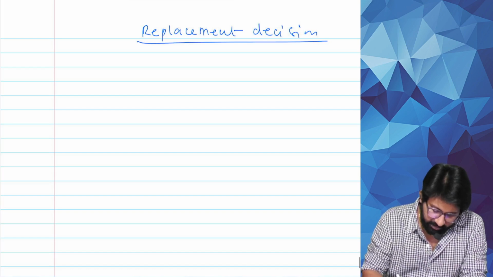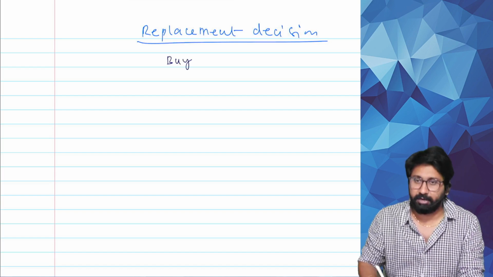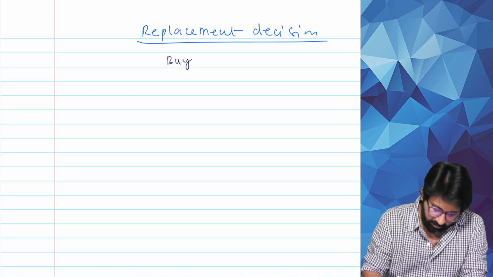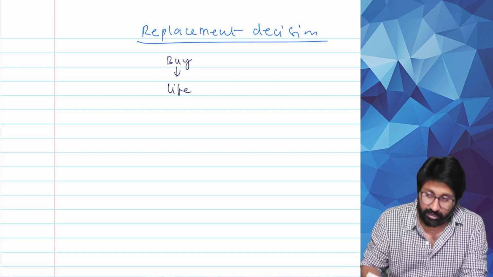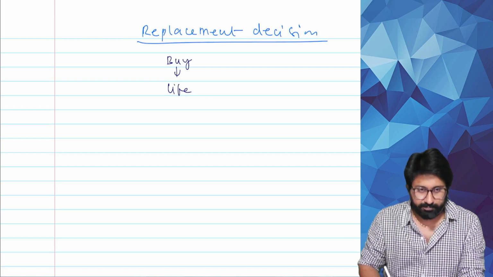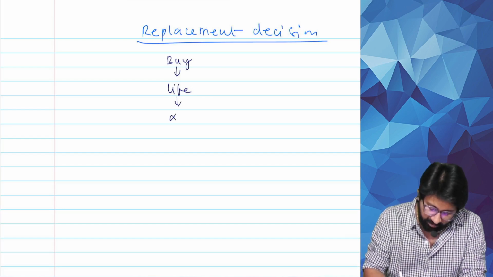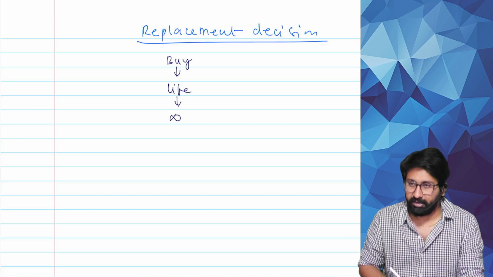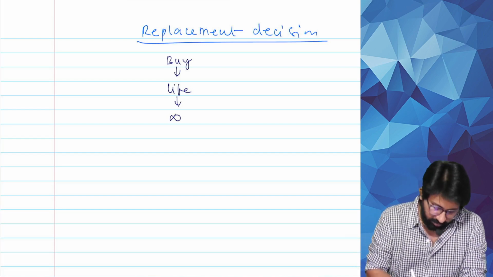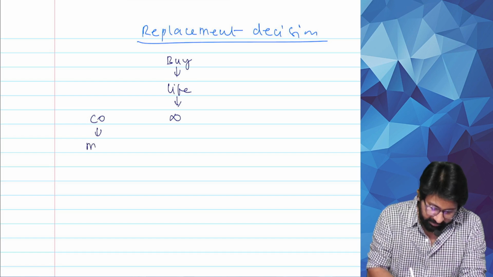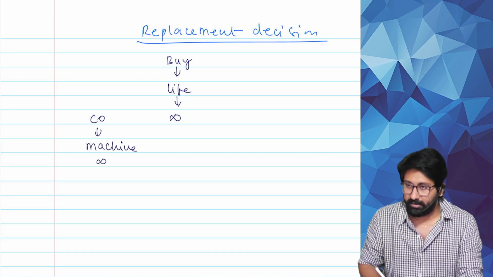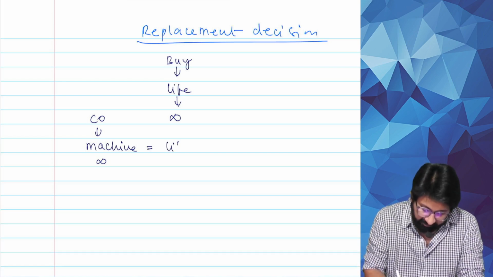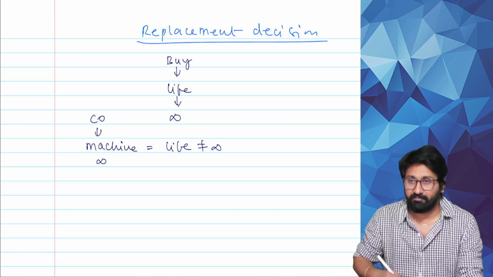Whenever we buy a machinery, there will be a life for this, which means life cannot be infinity. I told you, the company requires machinery for an infinite period, but machine life cannot be infinite.